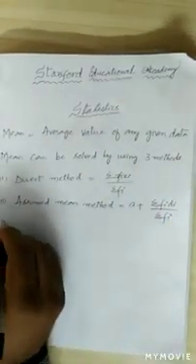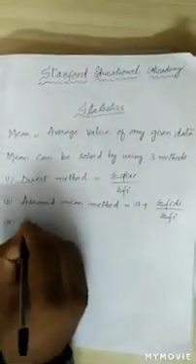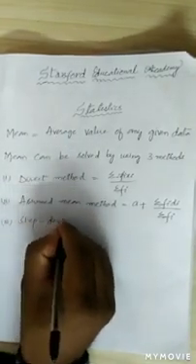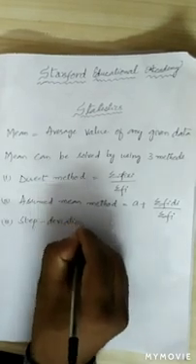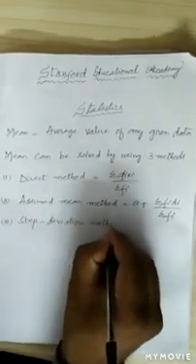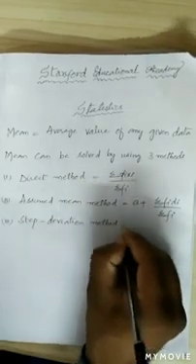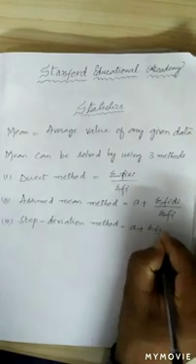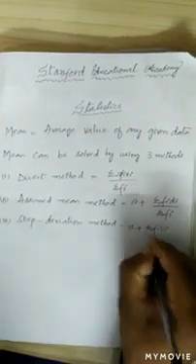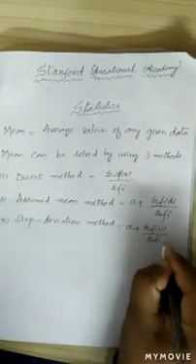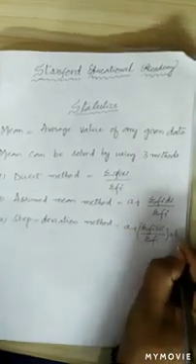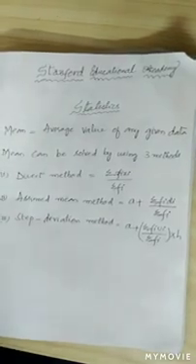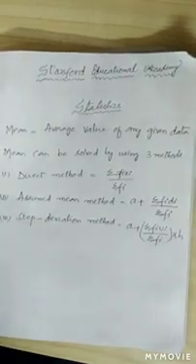And the third method to find the mean is called the step deviation method. The formula for this method is a plus sigma fi ui by sigma fi, into h. So these are the three methods by which we can find the mean of the given question.